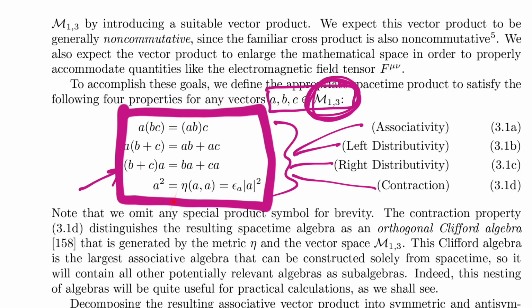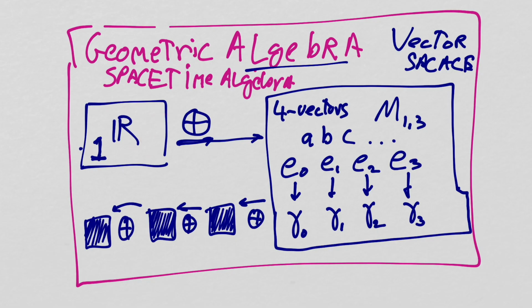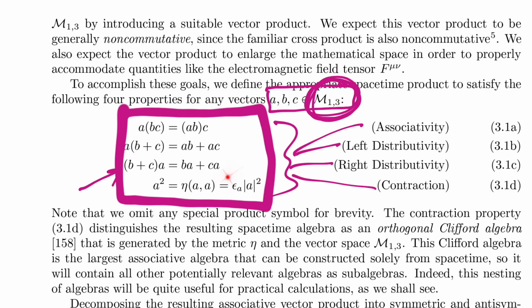And more in particular, when we talked about this one the last time, we realized, oh, this contraction axiom forced us to add the real numbers. We went through that last time. And so that was the first implication of the power of this to expand our vector space of 4 vectors into something that looks like a geometric algebra.